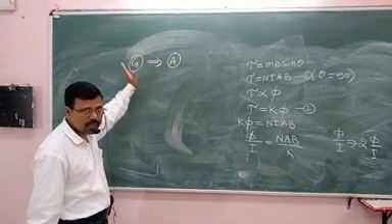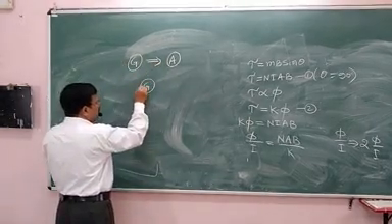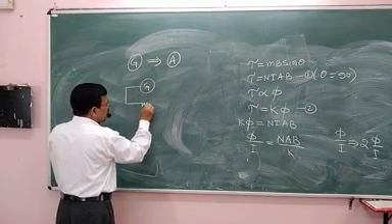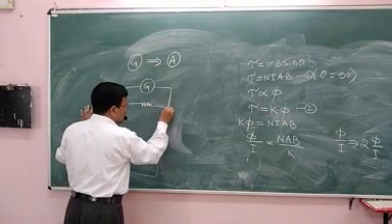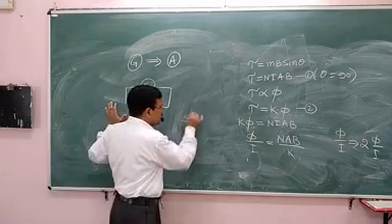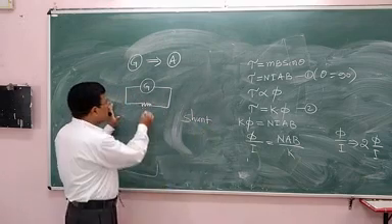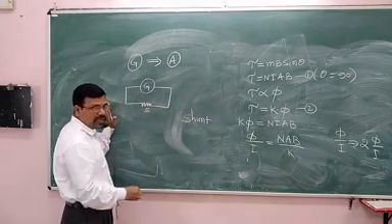So how do we convert a galvanometer to an ammeter? It's very simple. You connect one small resistance, also known as shunt resistance, which is called S here.